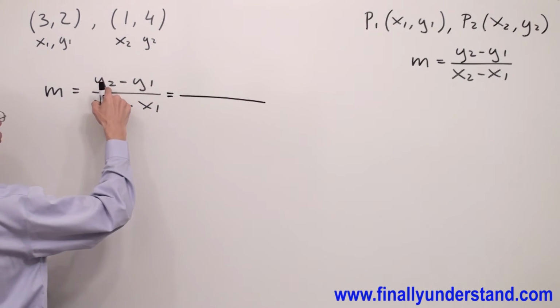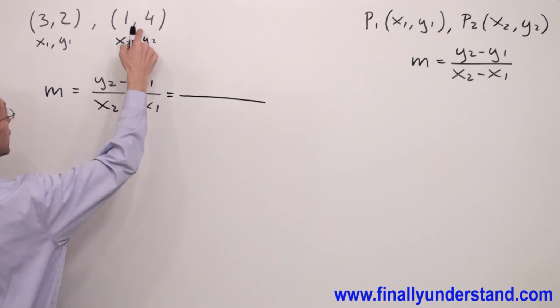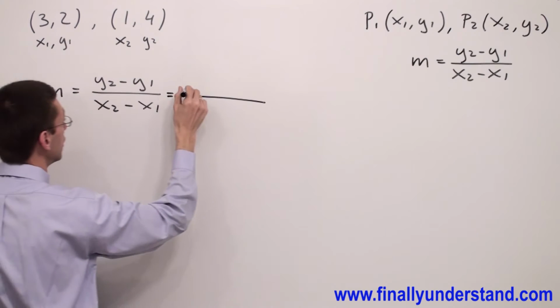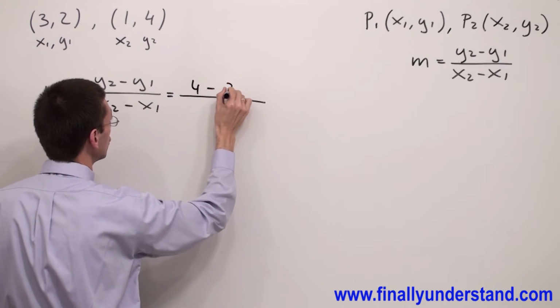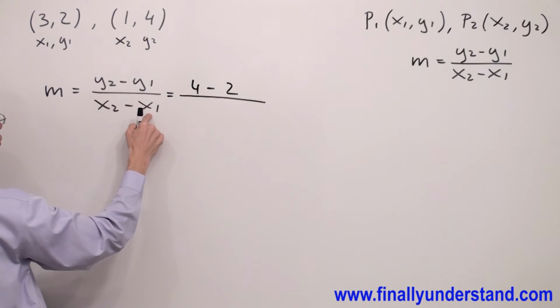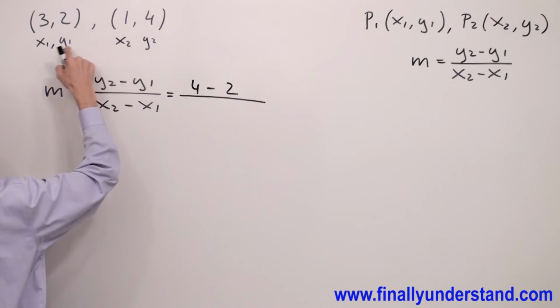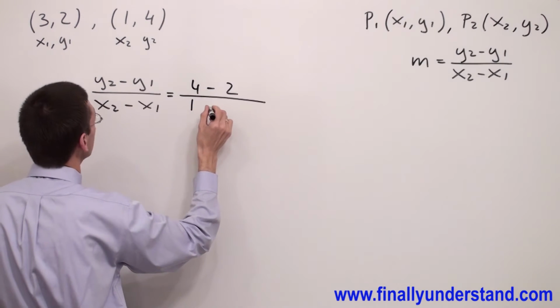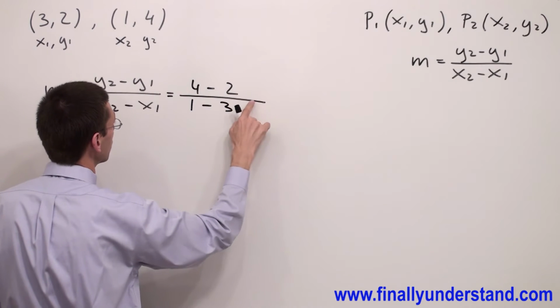So I have y2 minus y1, so I have 4 minus 2 over x2 minus x1. So I have 1 minus 3.